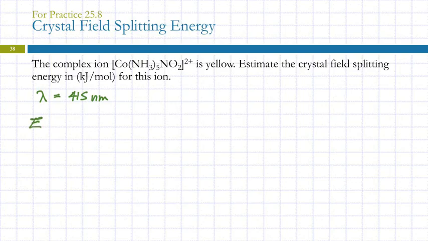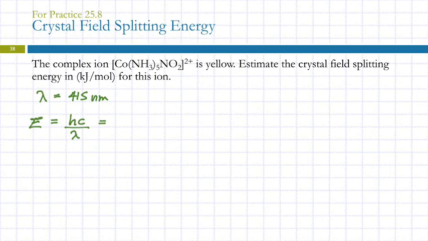The energy of a photon is equal to hc over lambda. So we can calculate the energy of one photon. Planck's constant, 6.63 times 10 to the minus 34, yeah, 34 sounds right.